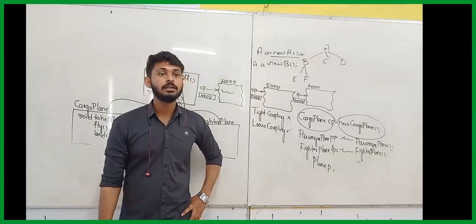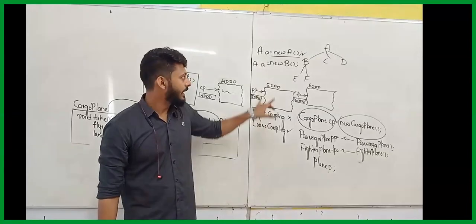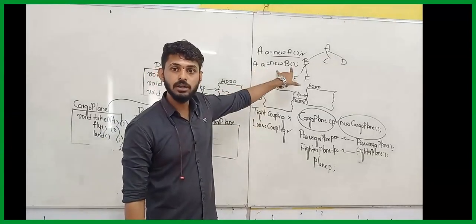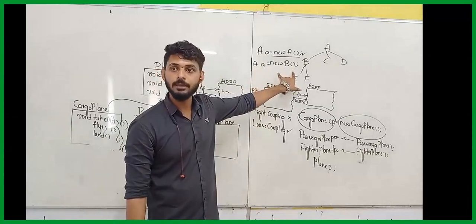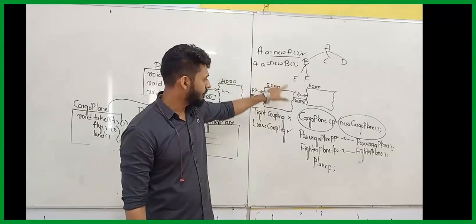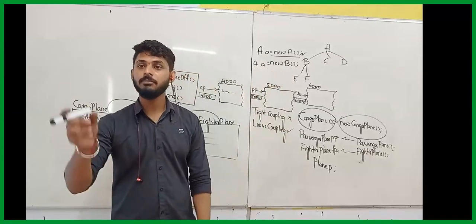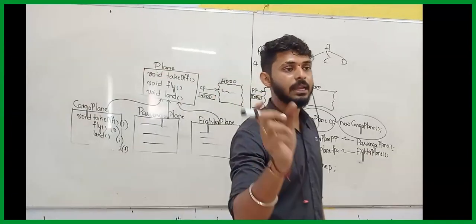Loose coupling means what? Creating a parent type reference to store child type object. Getting my point? Is it the same? Compare this one and this one. At any point of time, if you create a reference variable of any particular class, which all objects can you store inside?